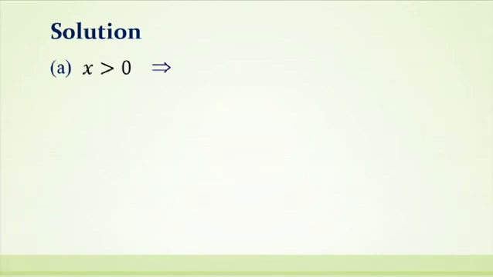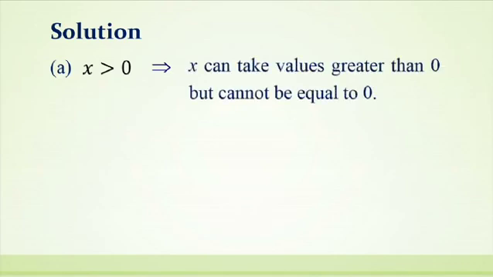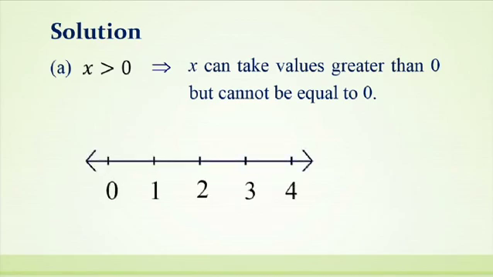It means that x can take any value which is greater than 0, but it cannot be equal to 0. So on my number line, I will have an empty circle at 0 to show that x cannot be equal to 0, and any values on the right hand side of 0.